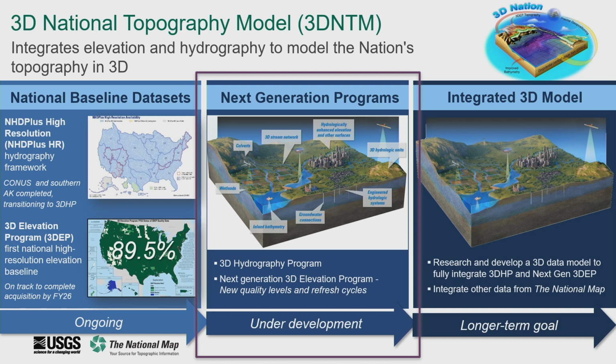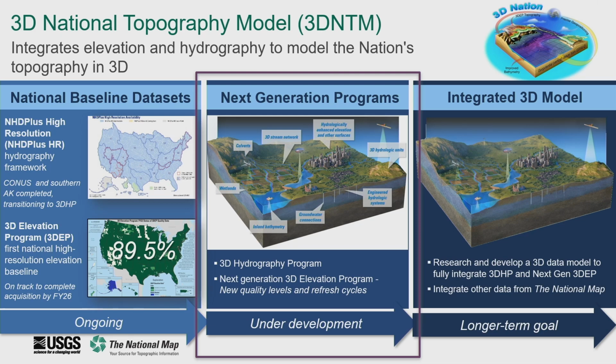And we have what is going to become our legacy hydro products, what was called the 1 to 24,000 NHD, or the high-res NHD, and the high-res NHD Plus. Those were the national baseline data sets. Now we're in that purple square in the middle, our next gen programs.